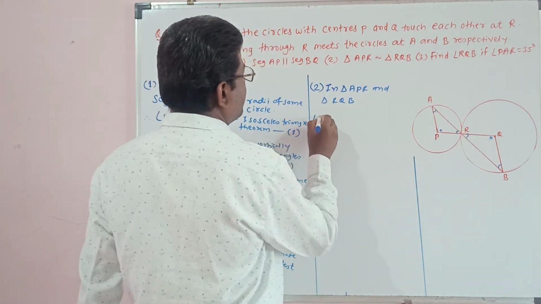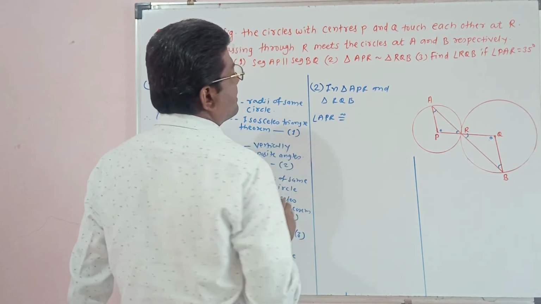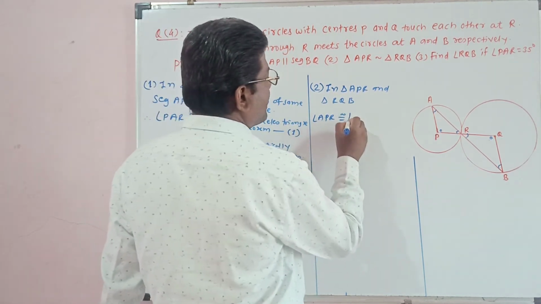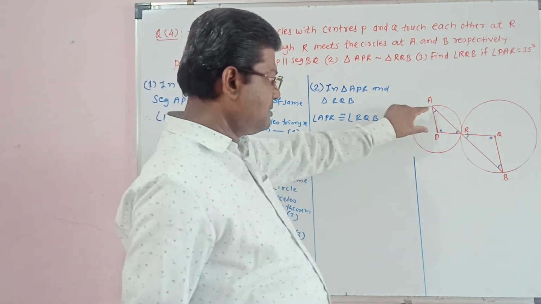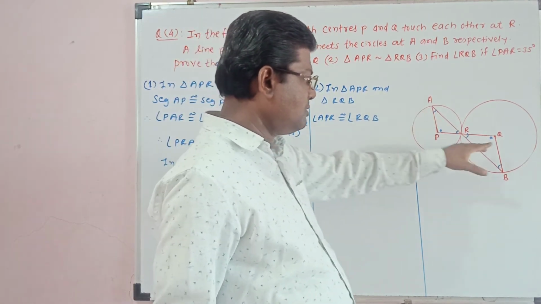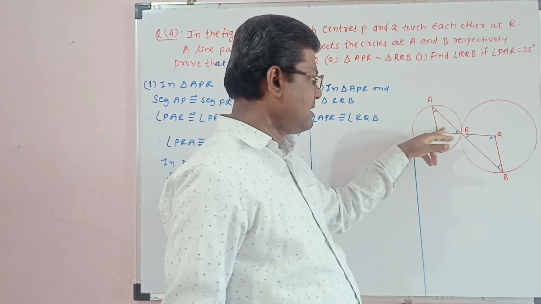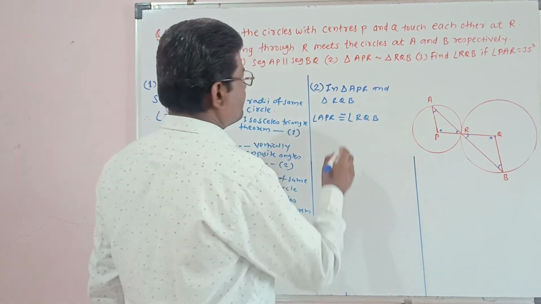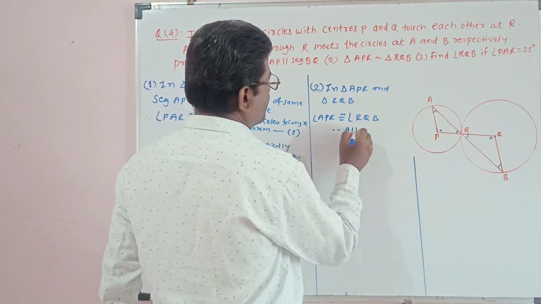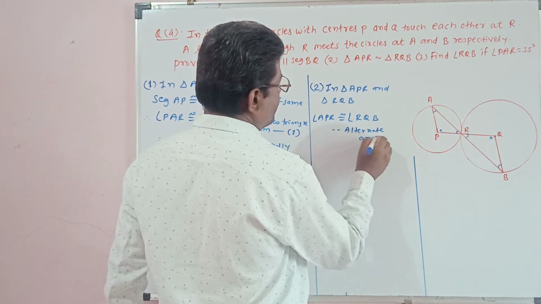So angle APR is congruent to angle RQB. AP is parallel to BQ and PQ is a transversal. Therefore, these two angles are alternate angles.